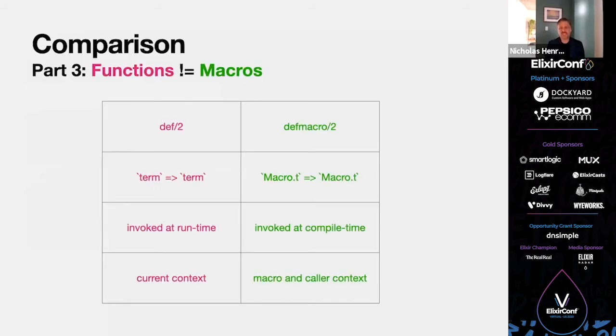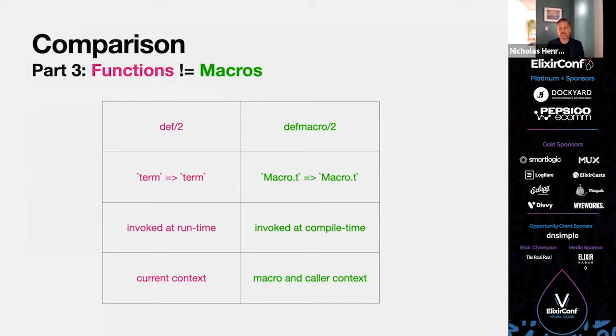So to understand macros, it's probably helpful to compare them with functions. So with functions, we define them using def. They accept a term or multiple terms and return a term. They're invoked at runtime. And when we're dealing with functions, we only really need to worry about the current context.